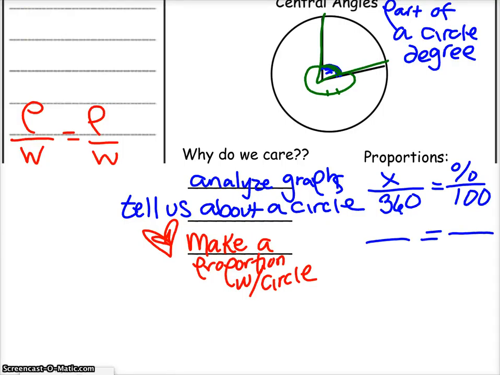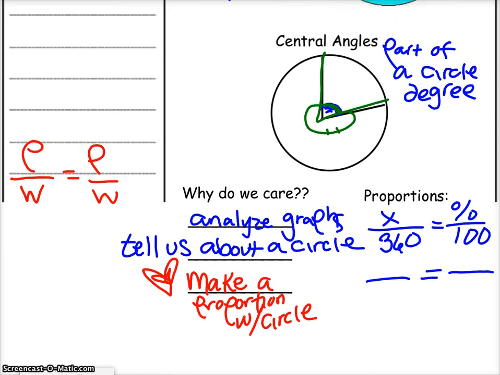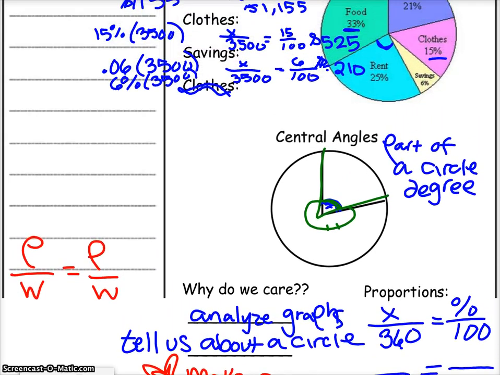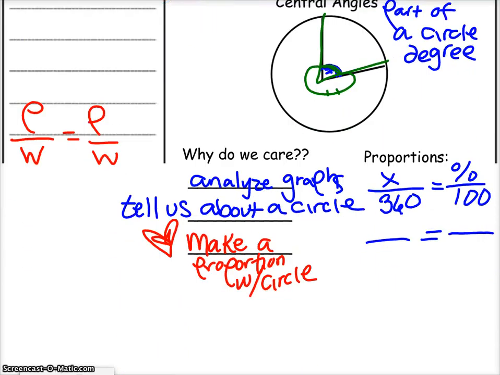And then we just do a little skeleton, as part is to whole and percent is to 100. We use that all the time. We just used it up above. Okay, let's apply this.